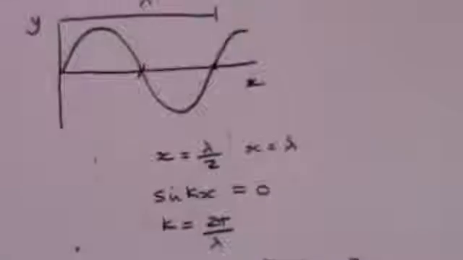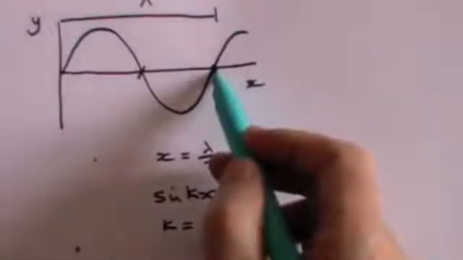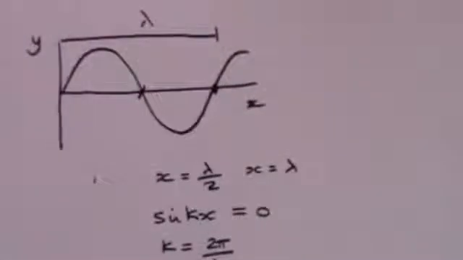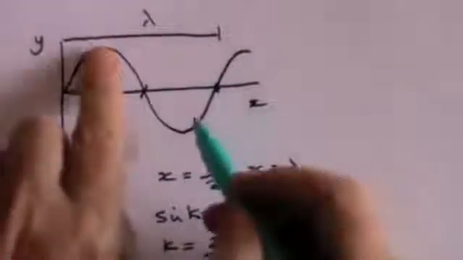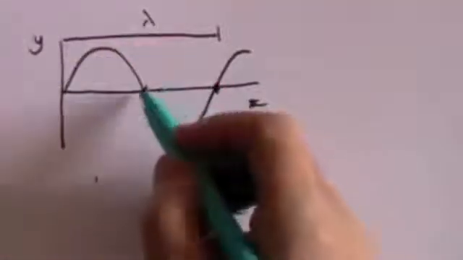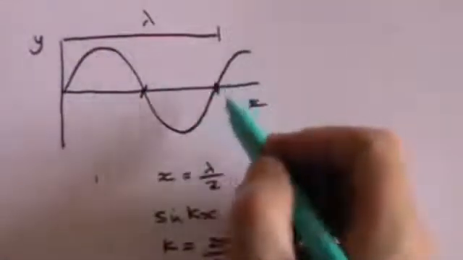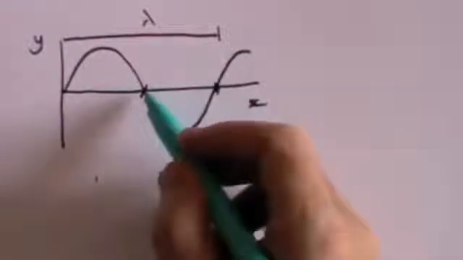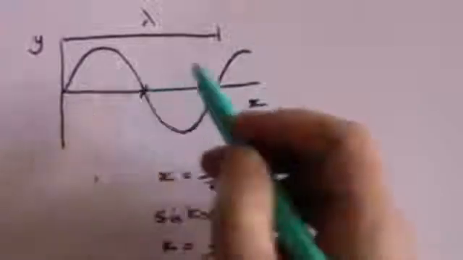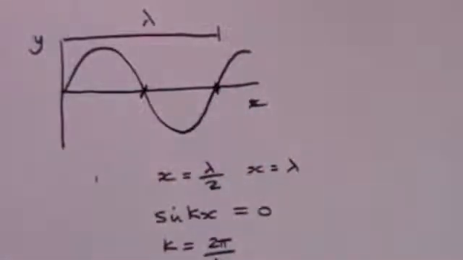In other words, at this point and this point, y is 0. And it will remain 0 at all points. This part of the wave may be going up and down, but these points here, which are the nodes, do not move. There is no oscillation up and down. They are 0 all the time.